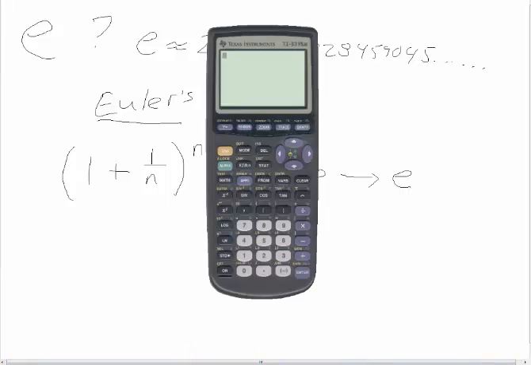So if we look on your calculator, and I do 1 plus 1 over a trillion raised to the trillionth power, that equals 2.7182818828.